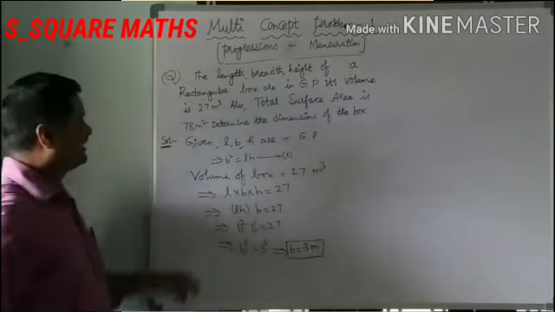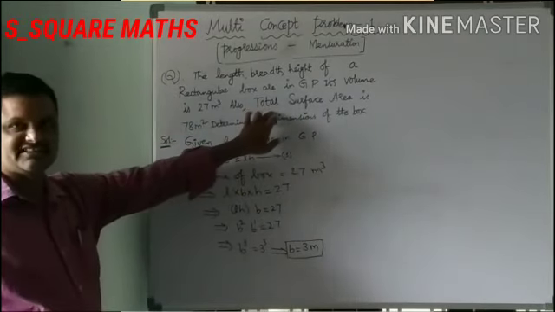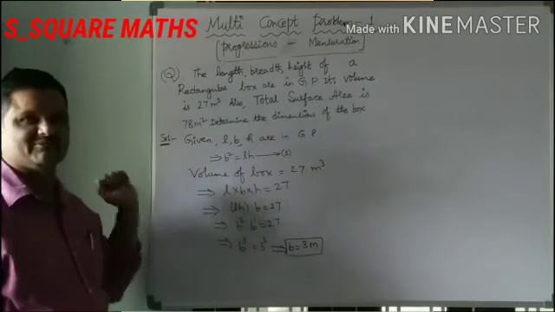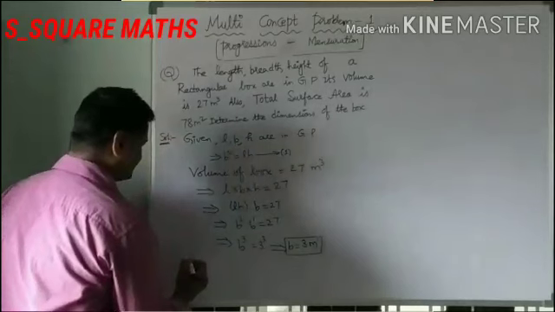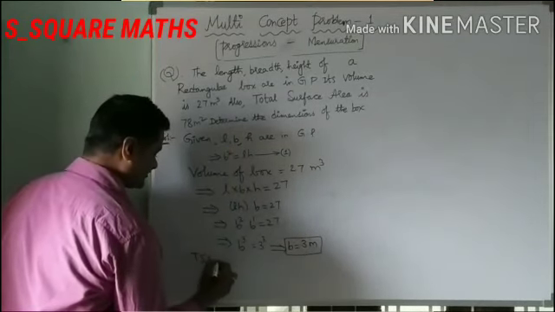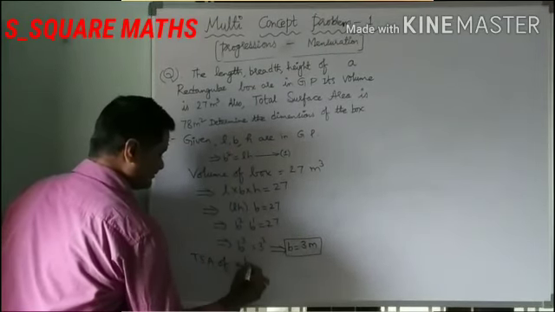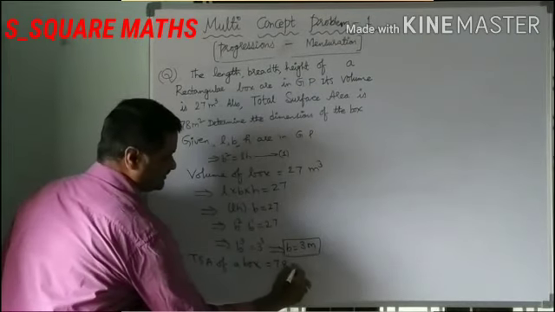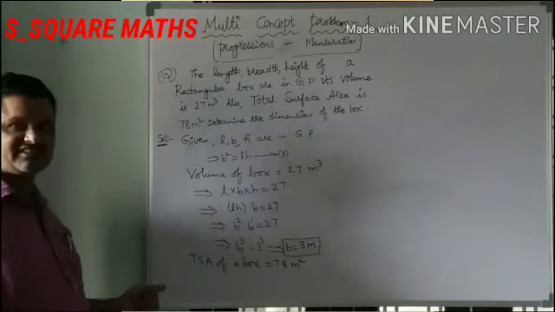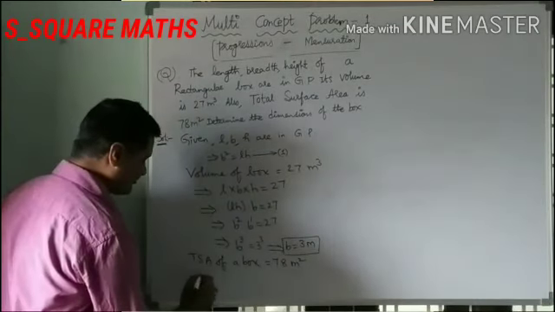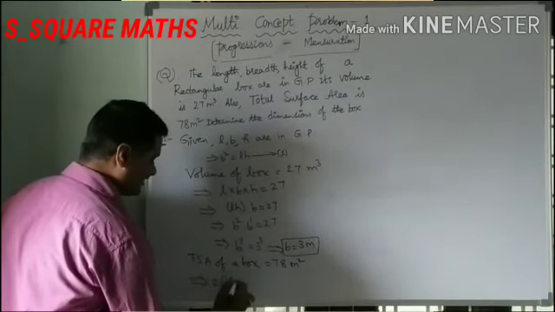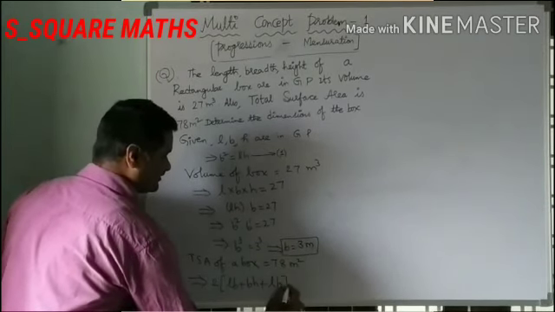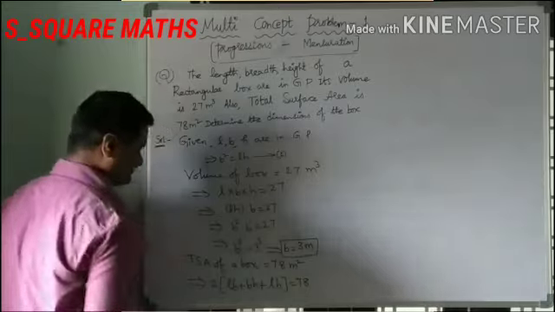Now, next consider another given parameter. The total surface area of the box is 78 meters square. So TSA of box is 78 meters square. TSA stands for total surface area. Its formula is given by 2 of LB plus BH plus LH is equal to 78.